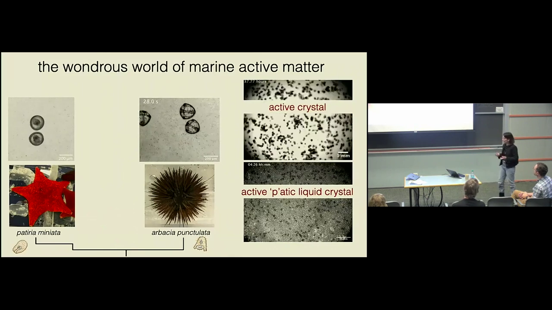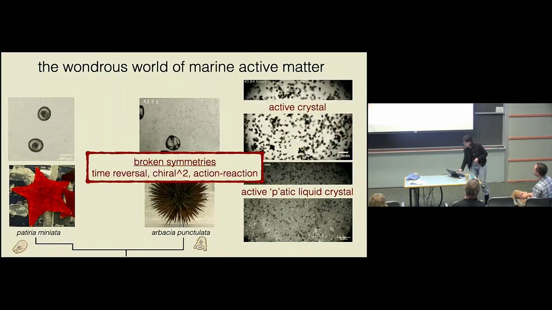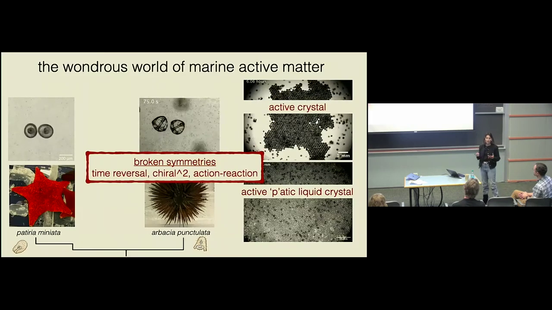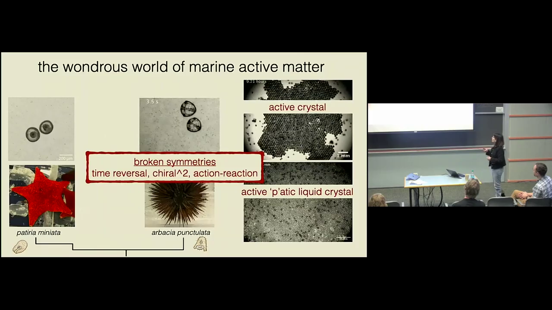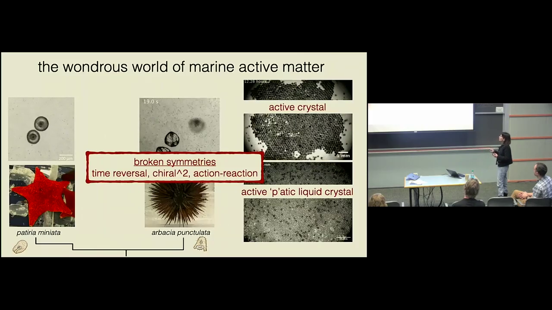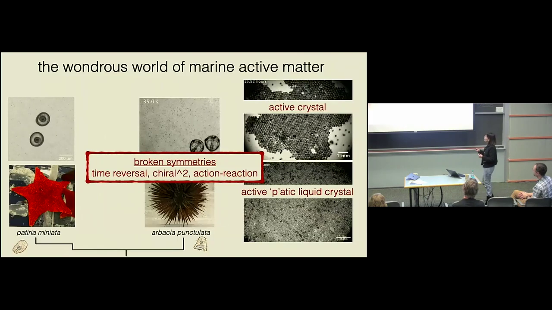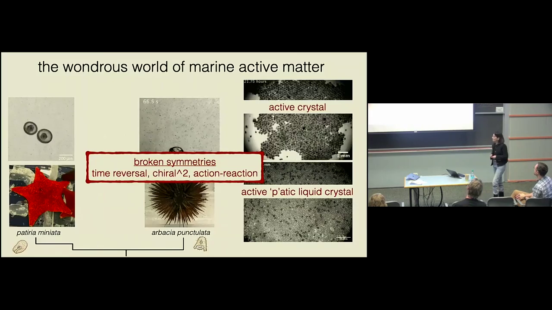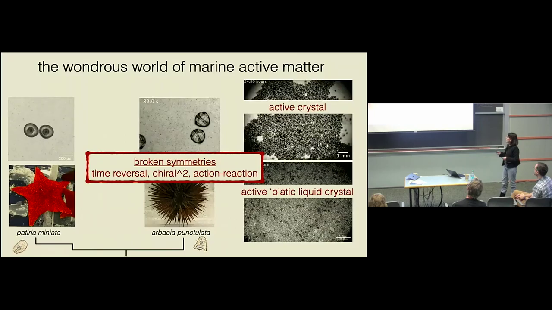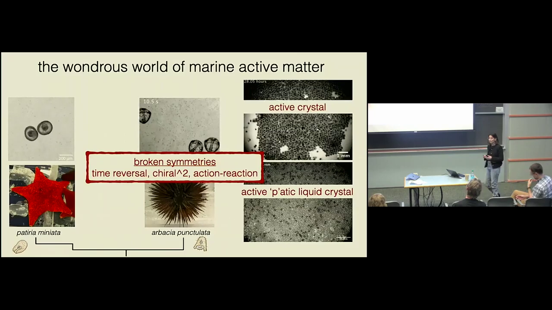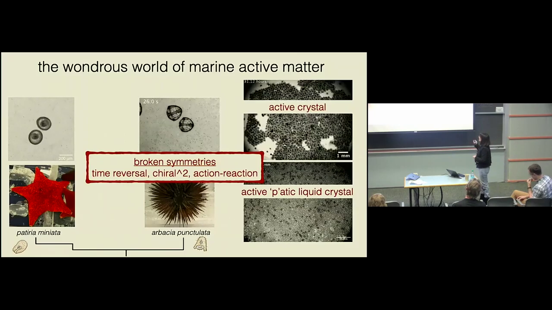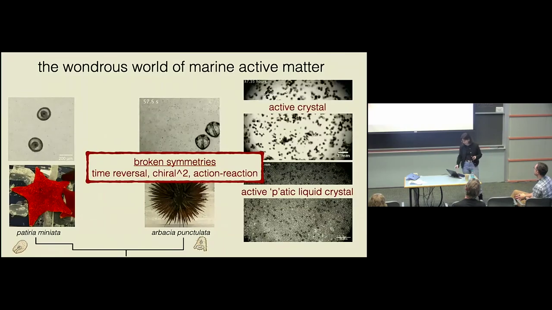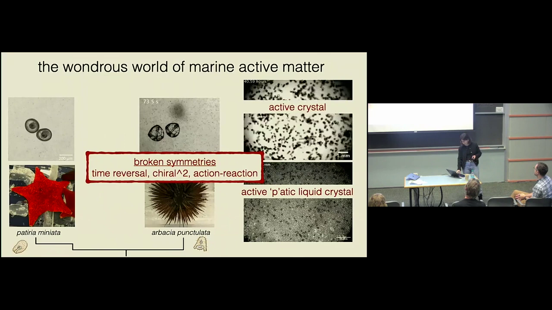In practice, you can even get what I will call a p-adic liquid crystal structure. The punchline is that when you have a combination of time reversal symmetry breaking, different mechanisms of chiral symmetry breaking, and of course the action-reaction non-reciprocity that has been discussed quite a bit, you get intriguing new phases of matter at the macroscopic scale.